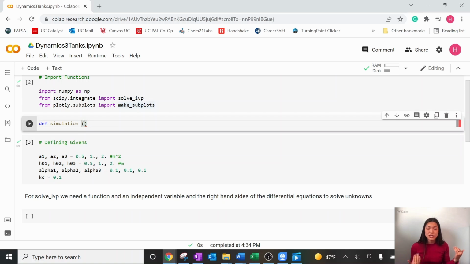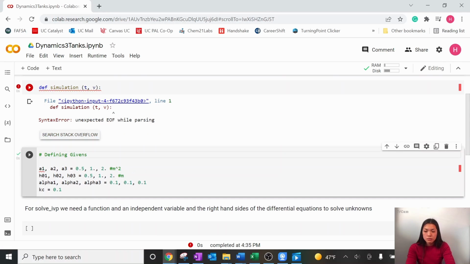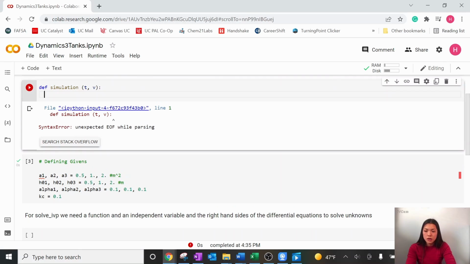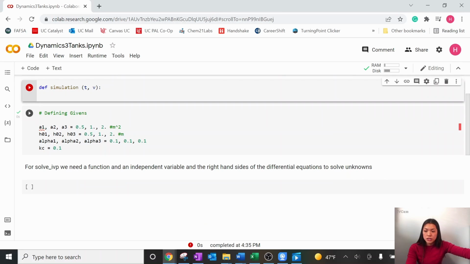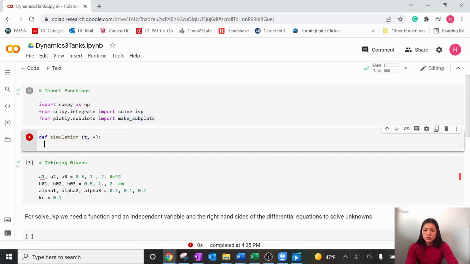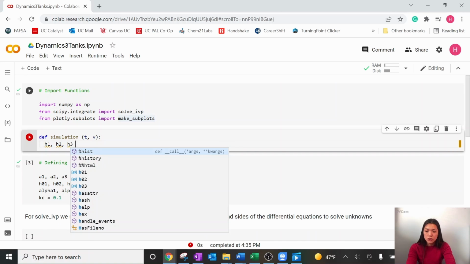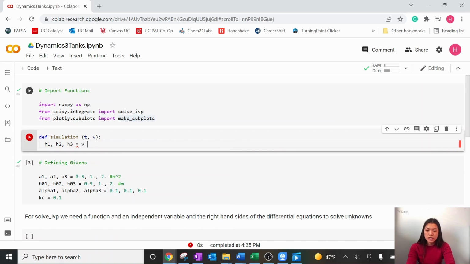So we're just going to have the change in time be independent, and we'll call it t. And then we need an unknown, and we'll just call it v. The unknown that we are solving for is actually the different fluid heights: the fluid height in tank 1, the fluid height in tank 2, and the fluid height in tank 3. That's what the unknown v is going to give us.